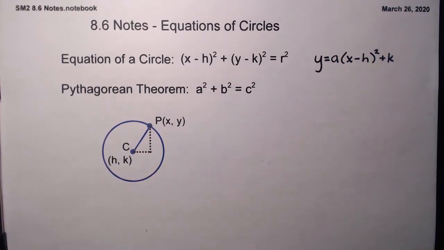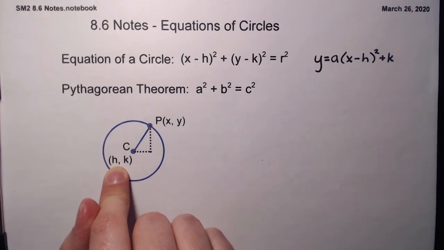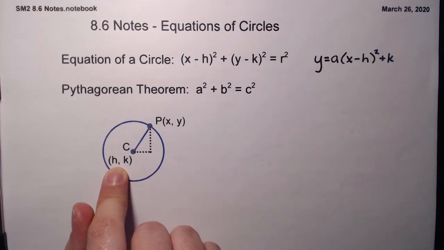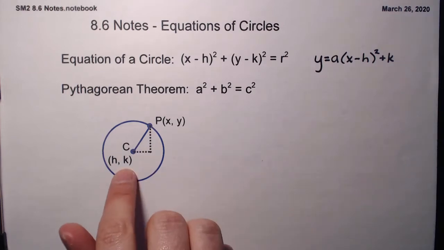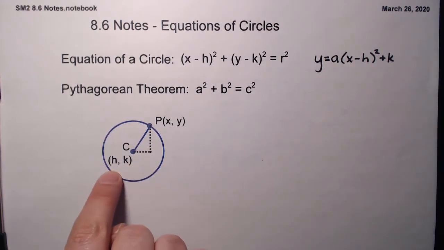So we're going to look at this circle right here and just generalize. So HK is going to be the center of my circle. I'm pretending like instead of being exactly on the origin, it's moved to this point right here.